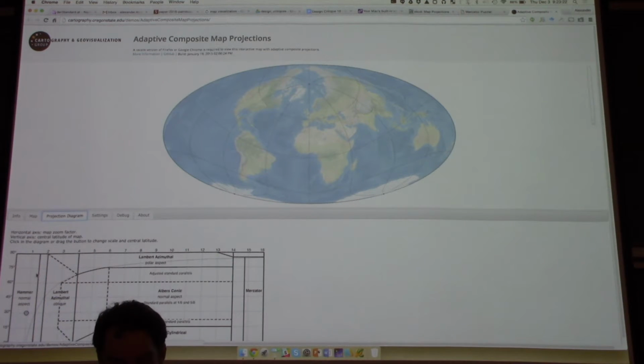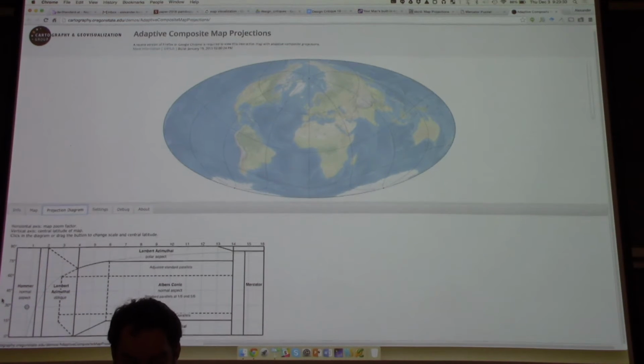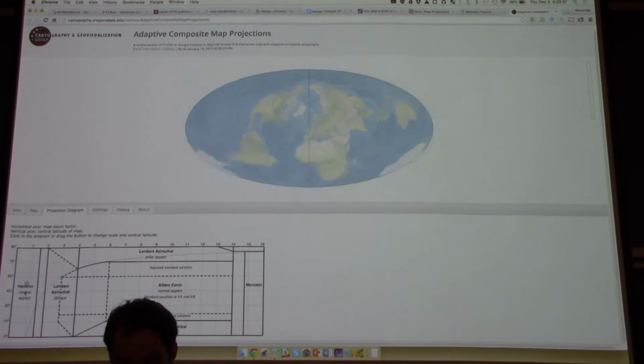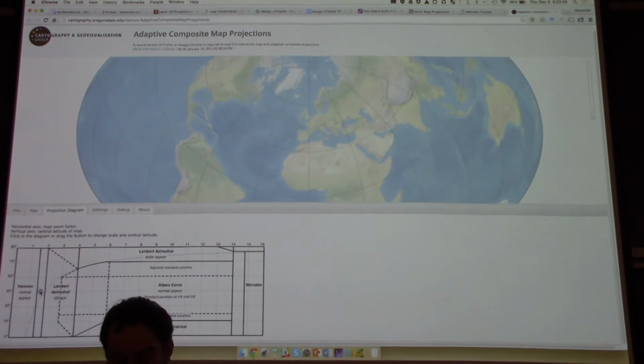Here is the Hammer projection, the Lambert projection, Albers conic. Then here we have Mercator, Lambert azimuthal, and I can take this point here, and here we have longitude, and here we have zoom, and you can see that when I hit one of those borders here, the projection changes.